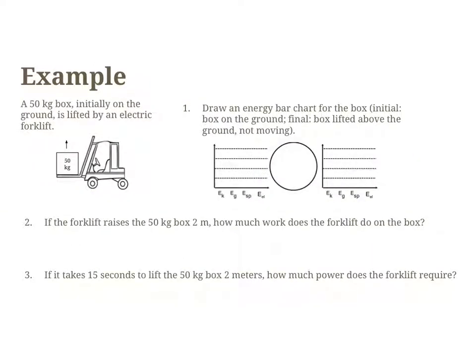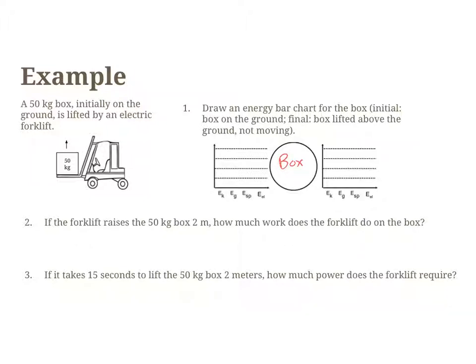So here's another example that is a lot like what you would see on your homework. In this particular instance, you have a forklift that is going to be lifting a 50 kilogram box off the ground, and the forklift happens to be electric. So the first thing I want you to do is to draw an energy bar chart with the box as the system.